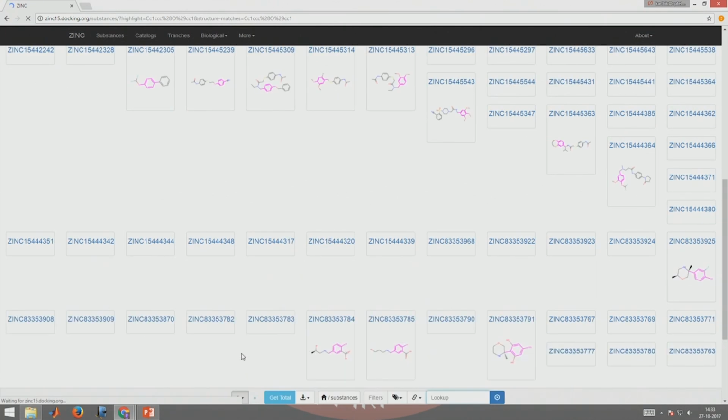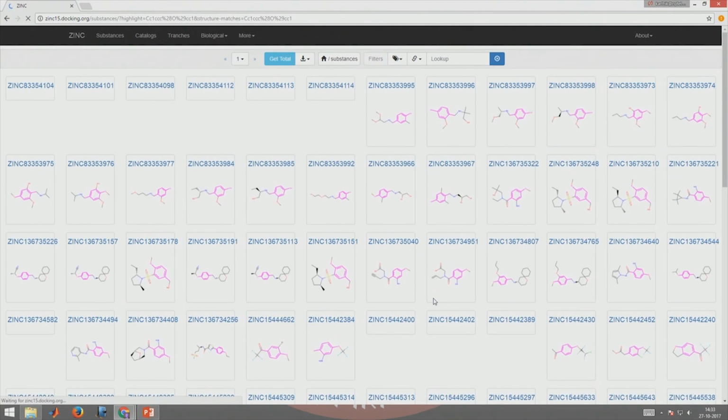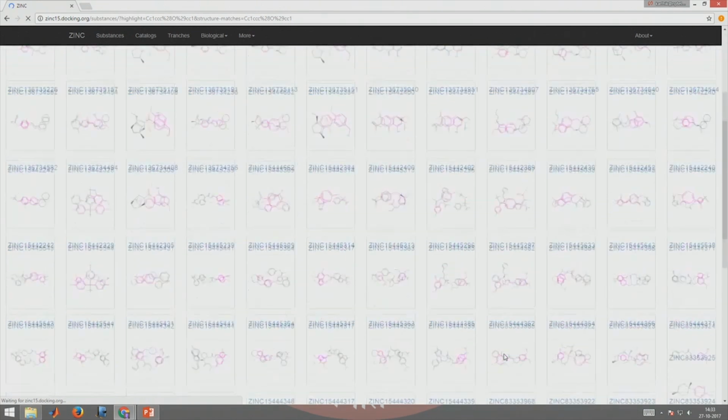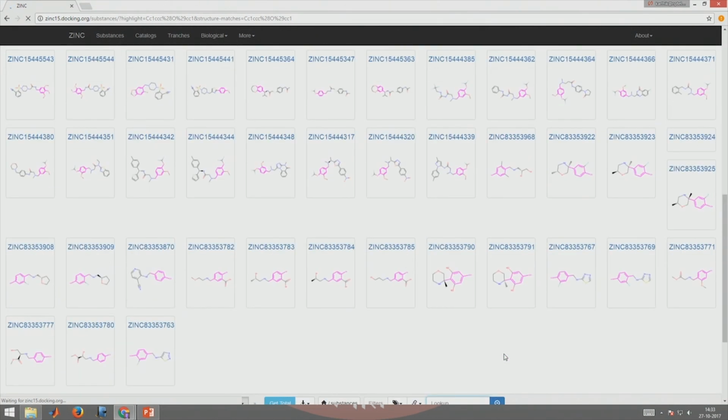I can take it further and do some studies, or I can apply a much more stringent filter and try to reduce them. As you can see here, a large number of molecules have this substructure: the benzene ring, there is an oxygen, and in the para position there are substitution groups. As you can see, more and more molecules are coming up.